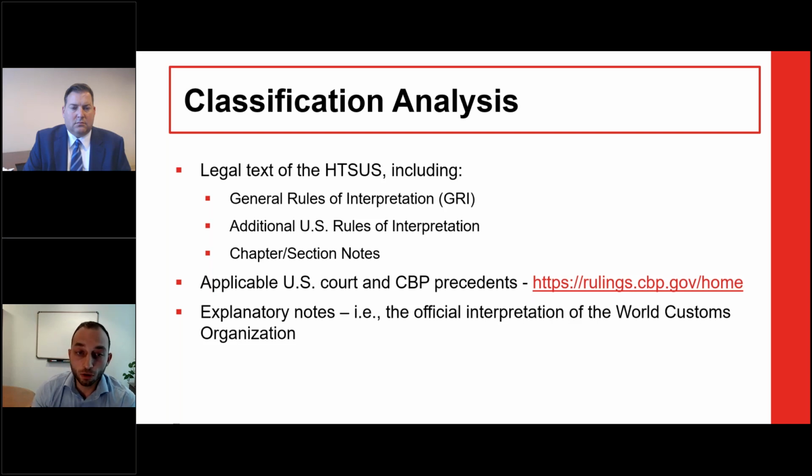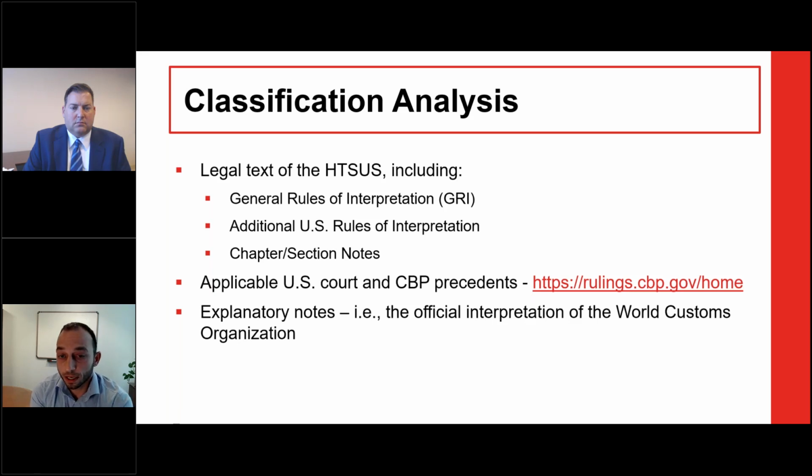And then if you cannot determine the applicable heading, you will move on to the next general rules of interpretation and make that determination. In addition to that, obviously, the U.S. court and CBP precedents are very helpful and provide guidance as to what the classification should be for a particular product.